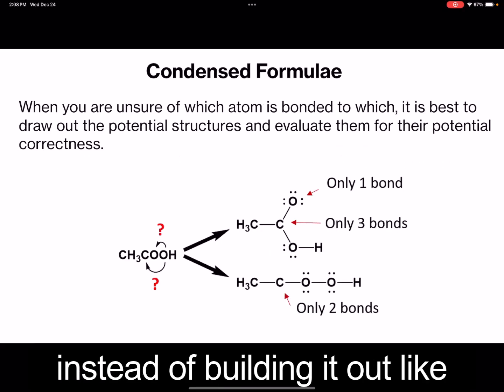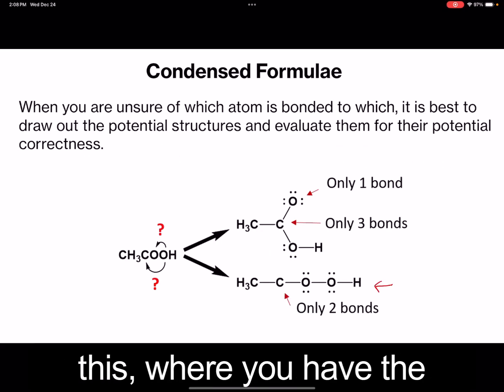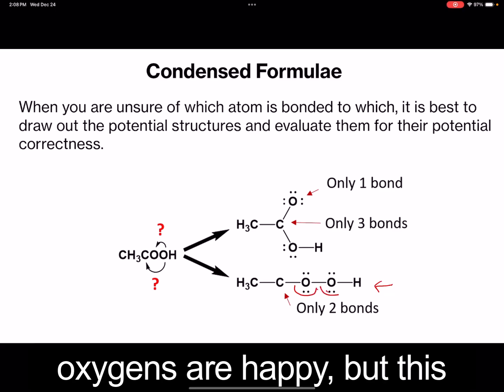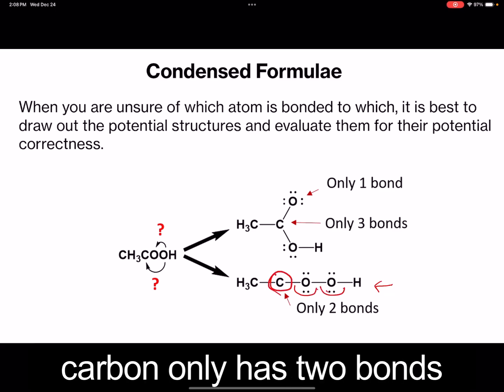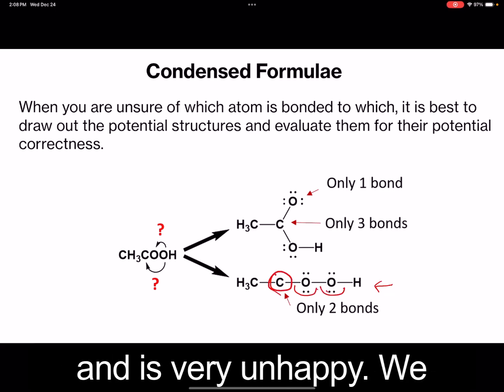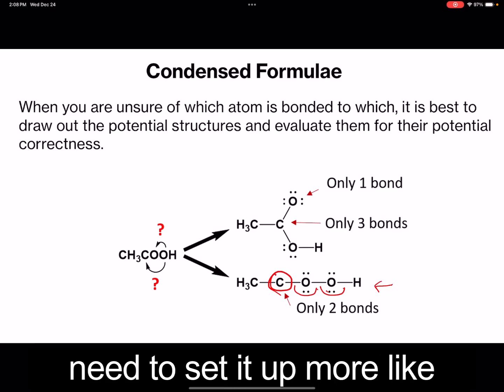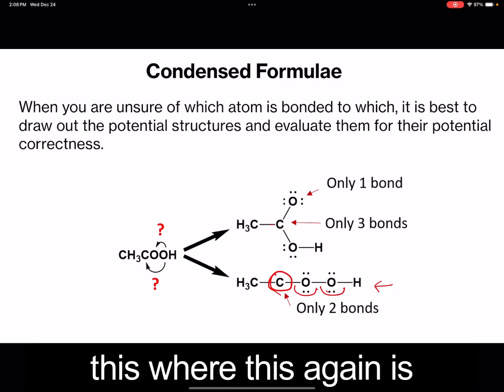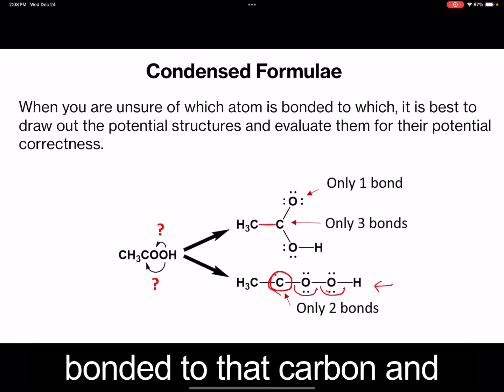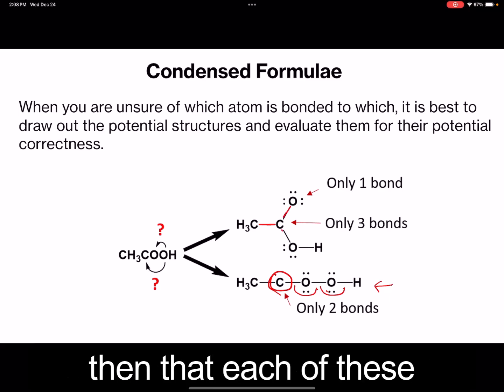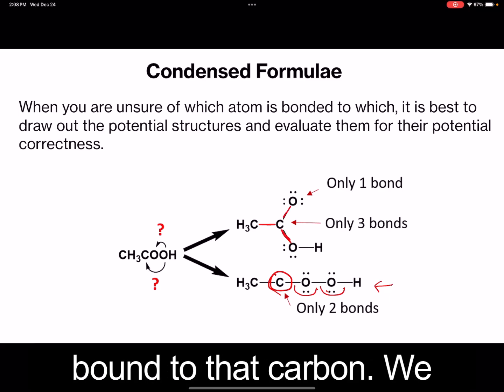So instead of building it out like this, where the oxygens are happy but this carbon only has 2 bonds and is very unhappy, we need to set it up more like this, where this is again bonded to that carbon, and each of these oxygens is bound to that carbon.